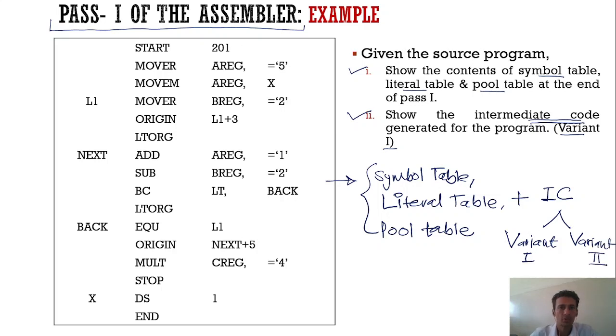Okay, so in the question we have been asked to show the intermediate code generated for this program of variant 1. Variant 1 and variant 2 in detail we will talk shortly, but right now we will be focusing more on the variant 1 as we are expected to generate the intermediate code in variant 1 only.